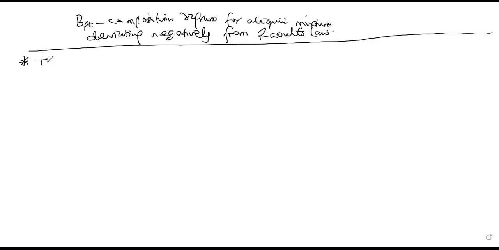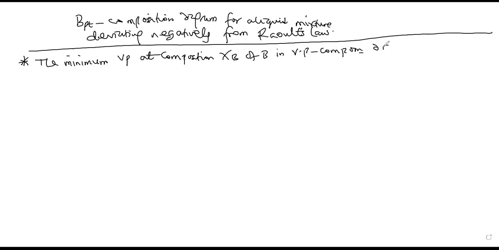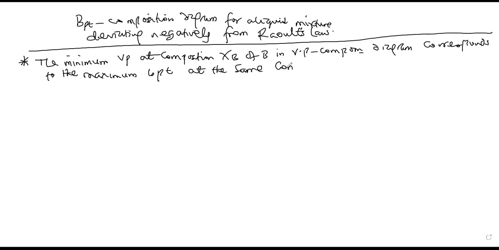So we shall say that the minimum vapor pressure at composition XB of B in the vapor pressure composition diagram will correspond to the maximum boiling point at the same composition in the boiling point composition diagram. So what do we mean?